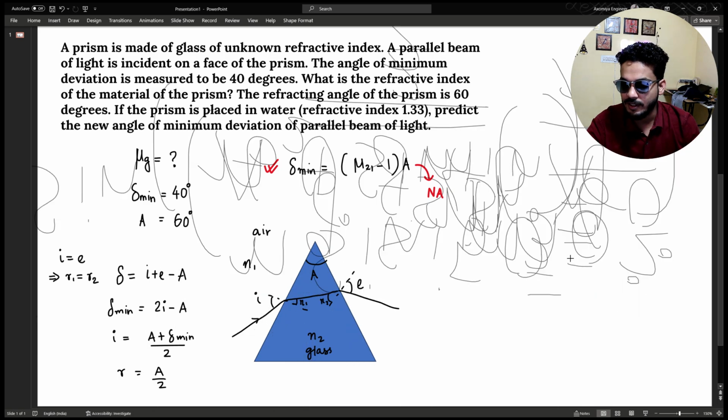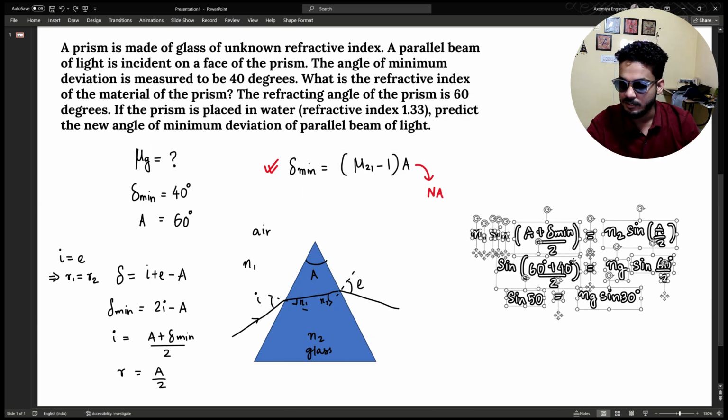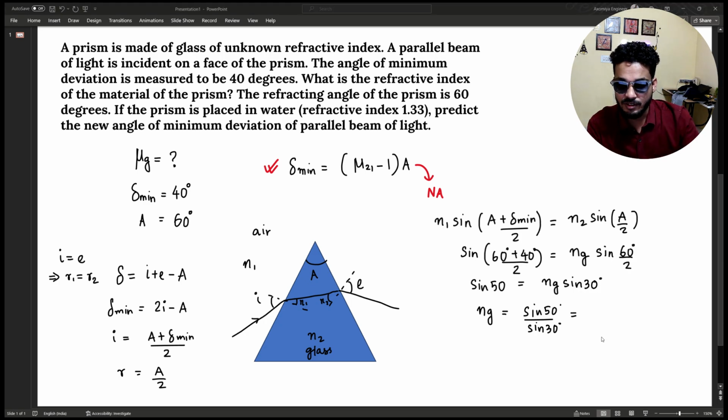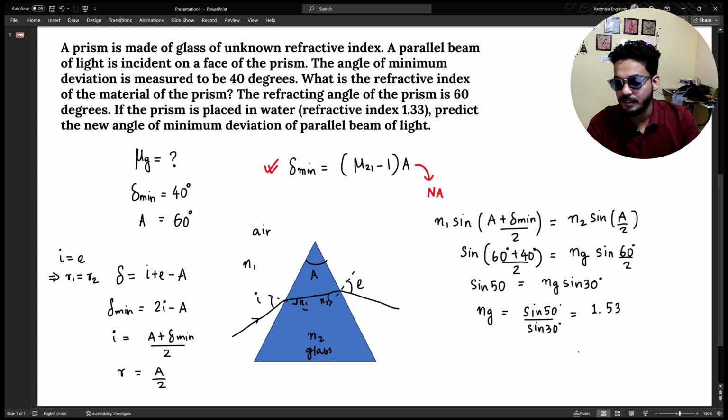So you have the refractive index of glass being equal to sine 50 divided by sine 30. If you plug it in the calculator, it comes out around 1.53, right? So this is how you do this particular question, and this is how you figure out the refractive index of glass.